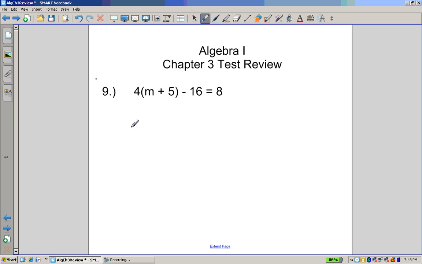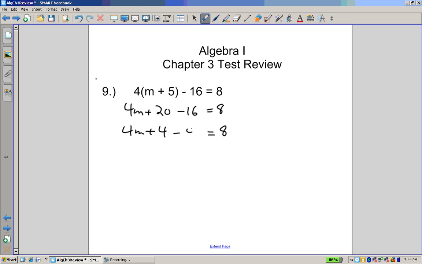Let's see how you did. First distribute. Then combine all of your like terms. Please remember keep, change, or you will get burned. Not necessary here. Then get all your variables onto the same side, which again, they're on the same side.